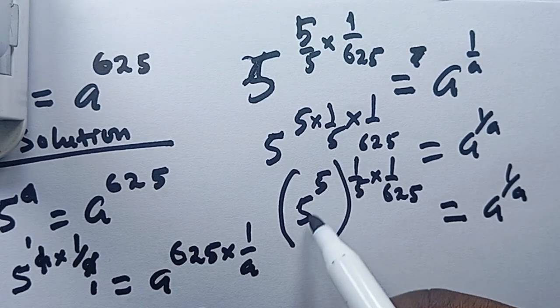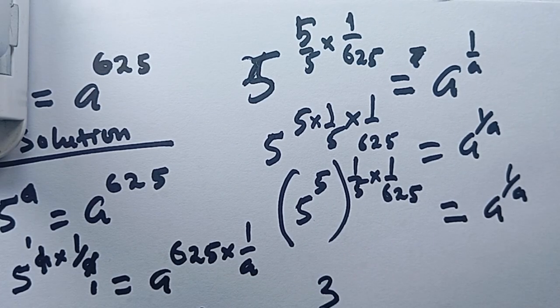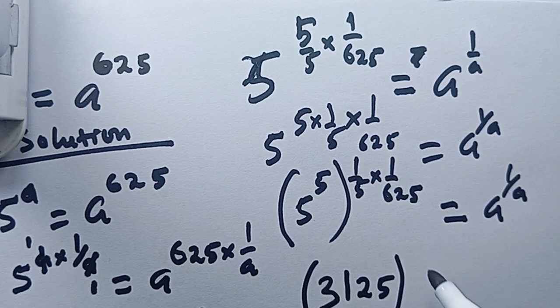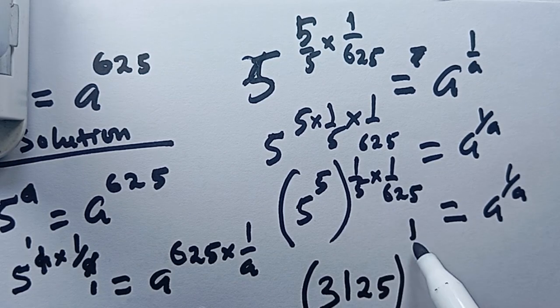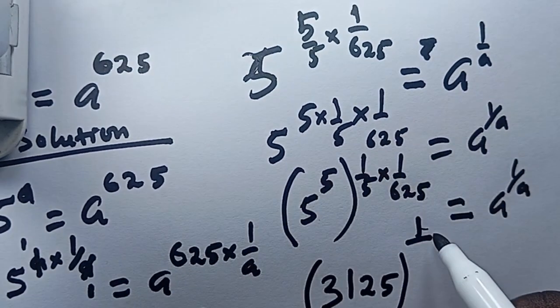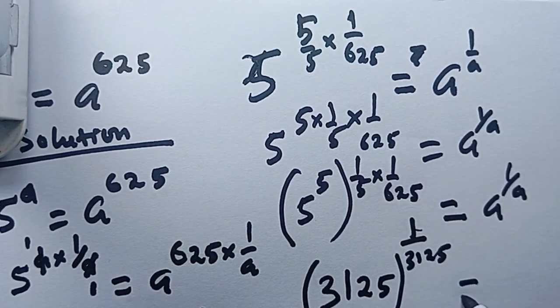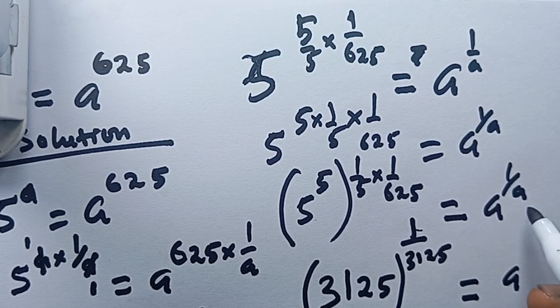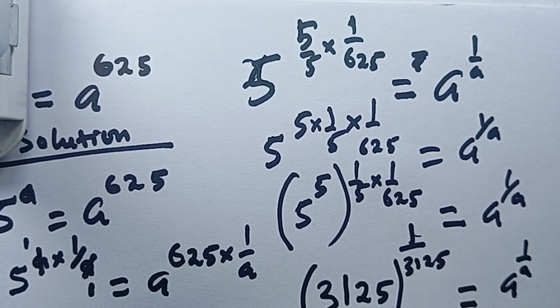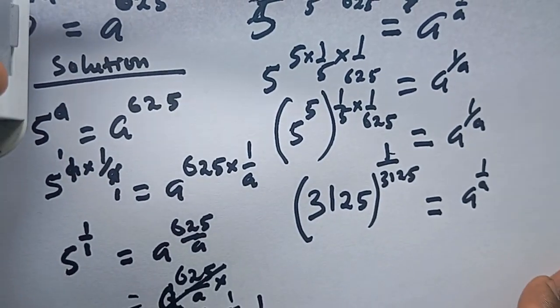If you compute this, 5 power 5 will give us 3125, raised to power 1 times 1 here is 1, and then 5 times 625 will be the same as 3125, and this whole thing is still equal to a power 1 over a. So basically you see that we've got a similar pattern right here.